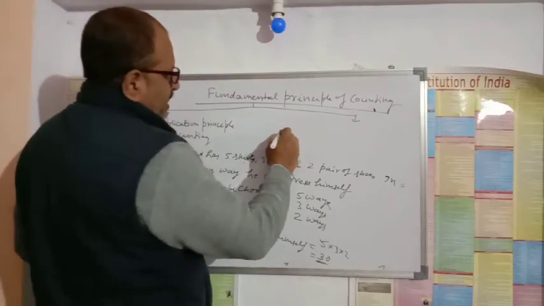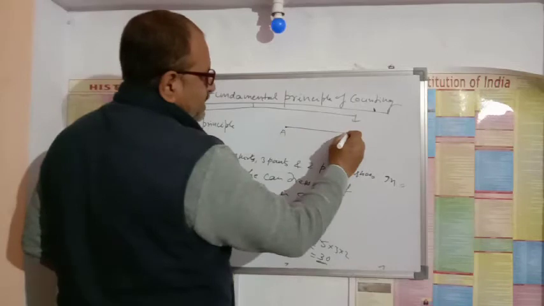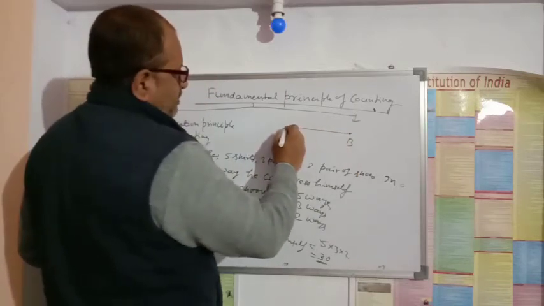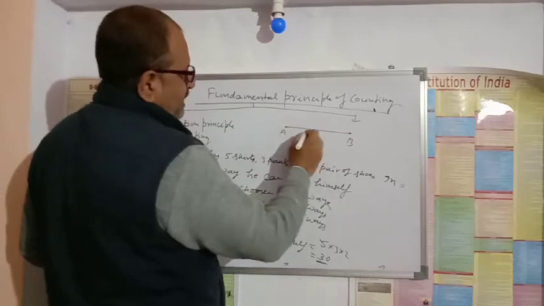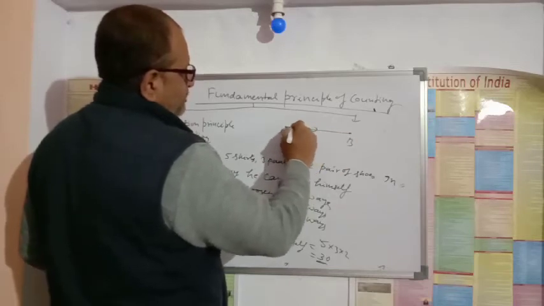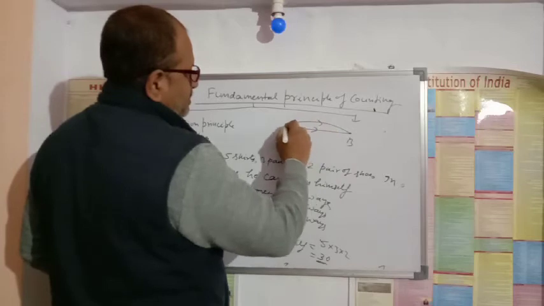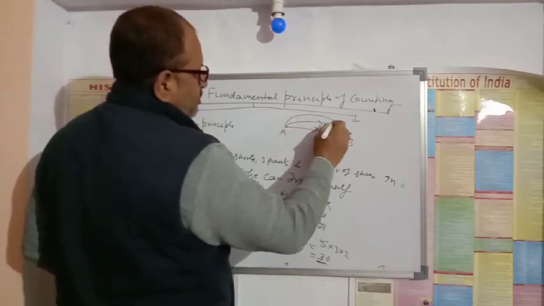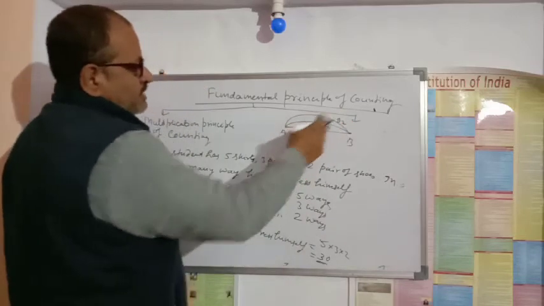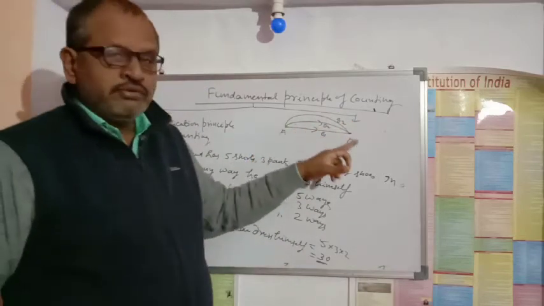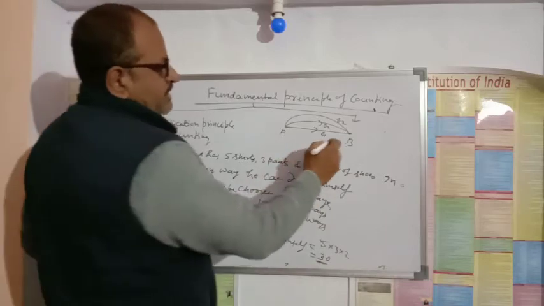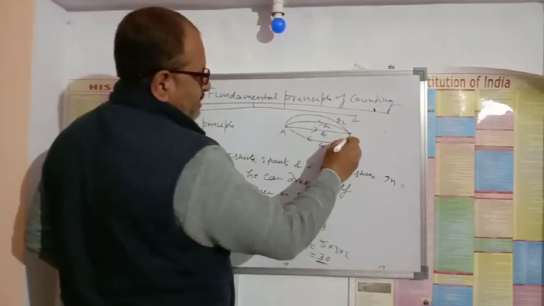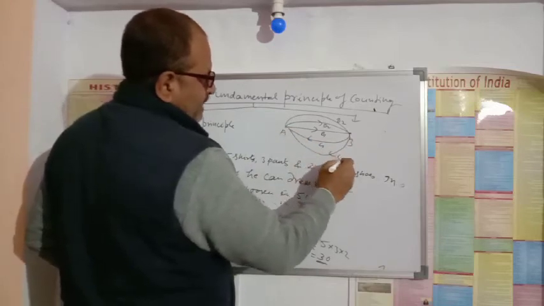Suppose there are 2 places A and B. From A to B, there are three options, B1, B2, B3. There are three buses to go from A to B. But for return journey, only there are two buses available, C1 and C2.